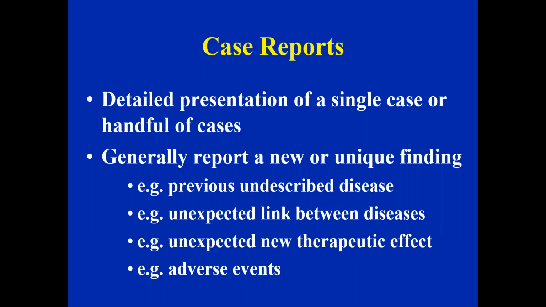I gave an example of coronavirus, where the first cases were reported in Wuhan city in China. Generally, they focus on previously undescribed diseases. They also focus on unexpected links between diseases, unexpected new therapeutic effects, or even adverse events.